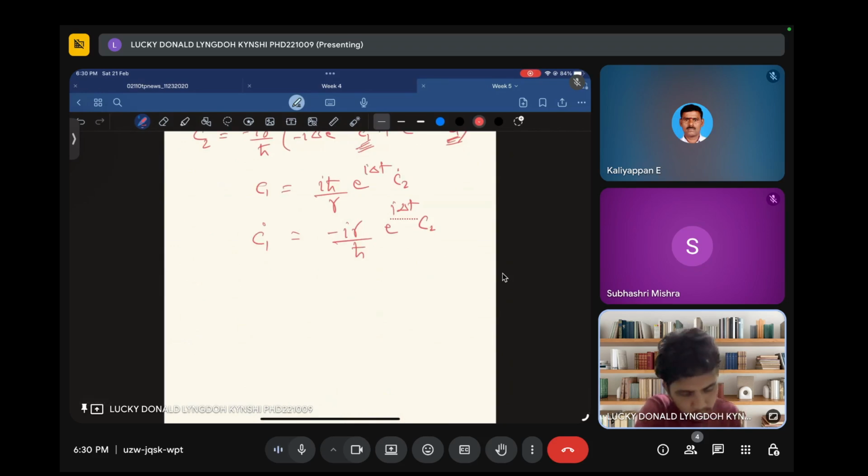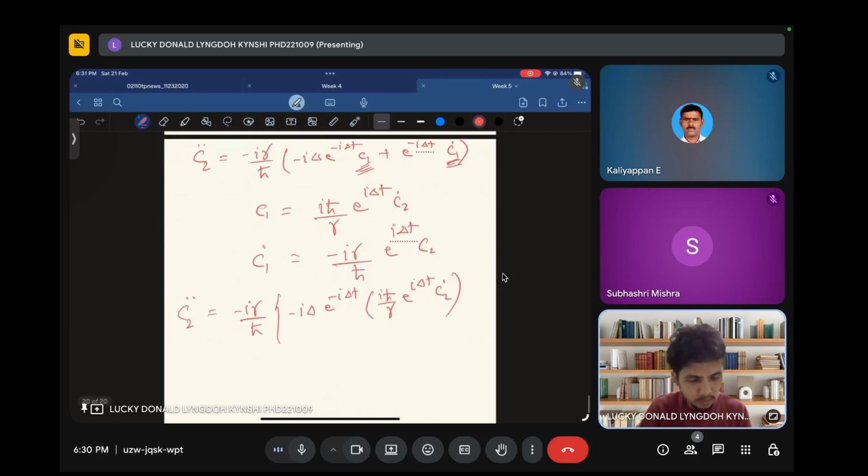You get c2 double dot equal to minus i gamma by h cross and minus i delta e to the power minus i delta t, and then you can substitute this equation, i h cross by gamma e to the power of i delta t c2 dot, instead of your c1.